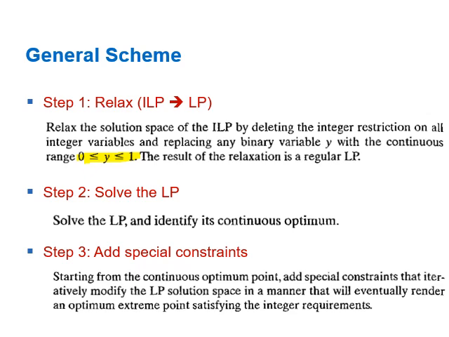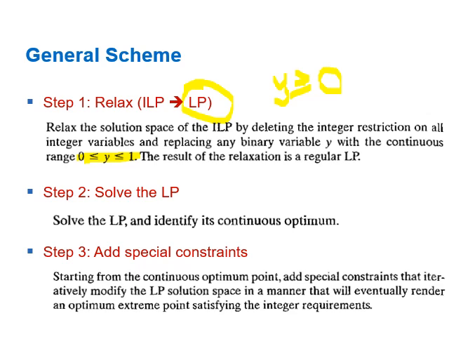Or if y is a general integer, then we say that this y should be greater than or equal to 0. We replace it with this one. Okay? So the first step is to relax all integer restricted variables, not one of them. We relax all of them. So the resulting problem becomes a linear programming formulation.